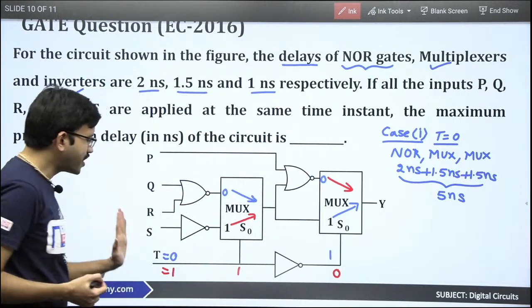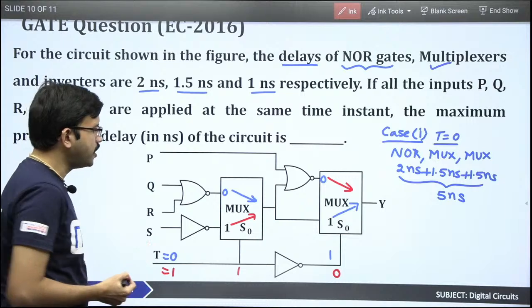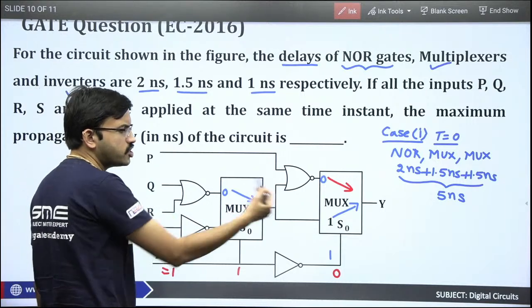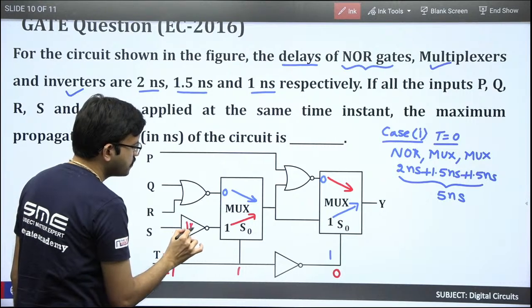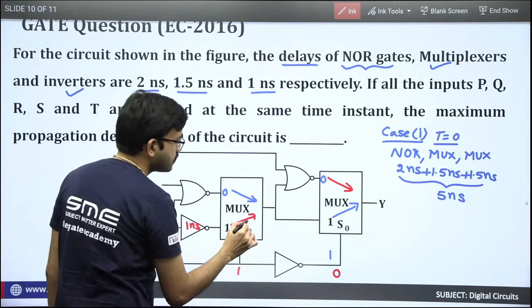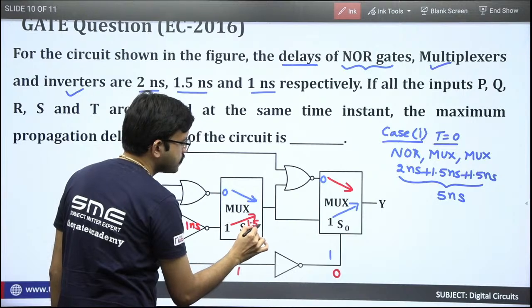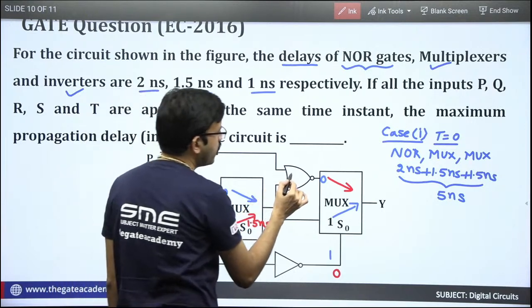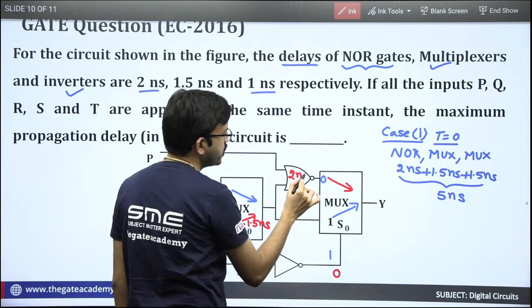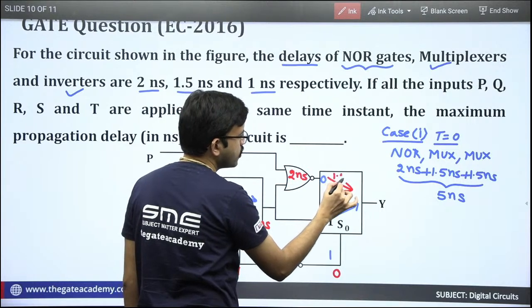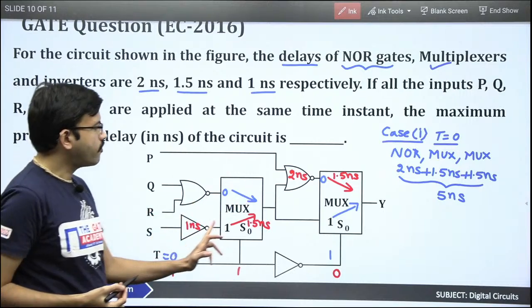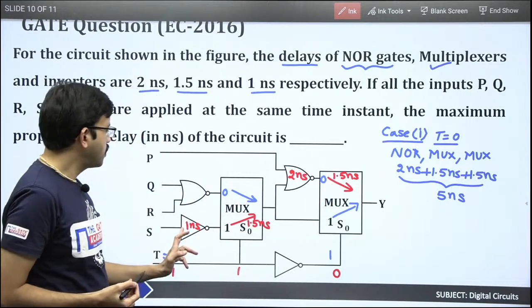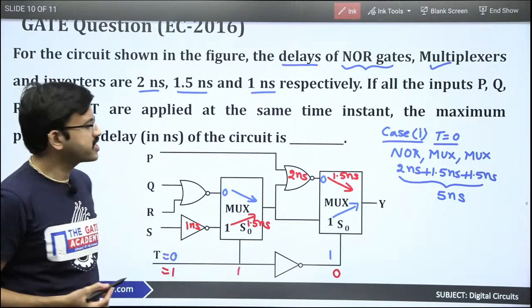So when t value is 1, the propagation path from input to output is like this. Here NOT gate delay is 1 nanosecond and mux delay is 1.5, and here NOR gate delay is 2 nanoseconds and once again mux delay is 1.5. Just add all this: 1.5 plus 1.5 is 3, 1 plus 2 is 3, 3 plus 3 is 6 nanosecond.